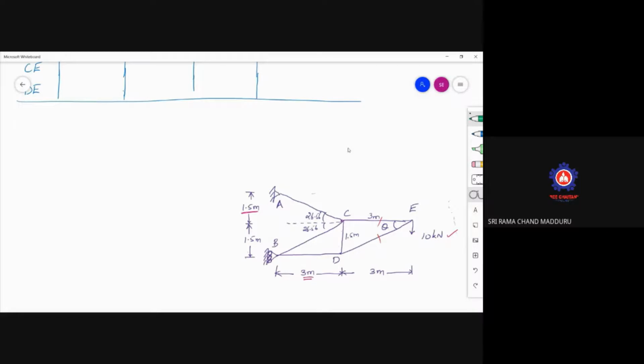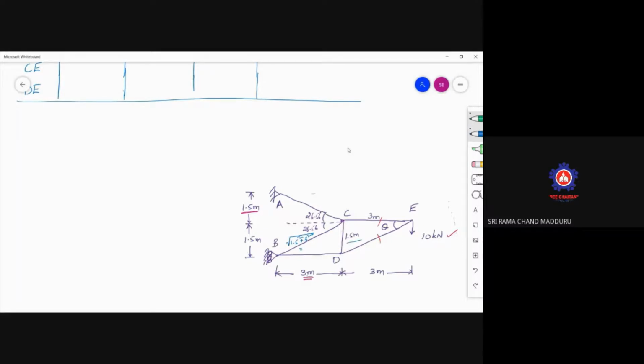This is 1.5 meters. What is the length of BC? To get the length of BC, you need to take the square root of 1.5 square plus 3 square. As this is 3 meters, this is 1.5, so this is the hypotenuse, square root of 1.5 square plus 3 square.